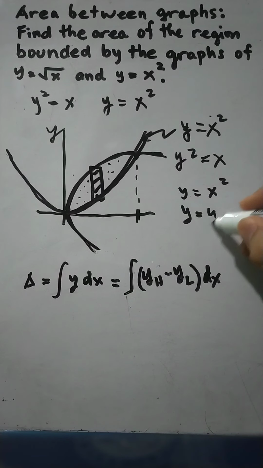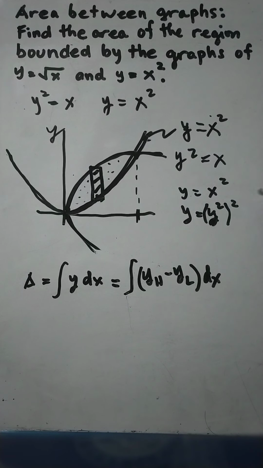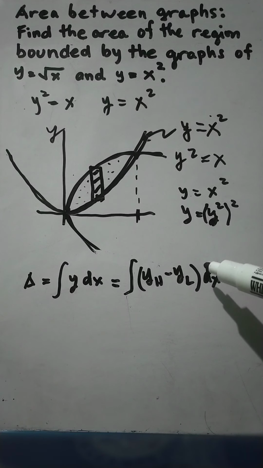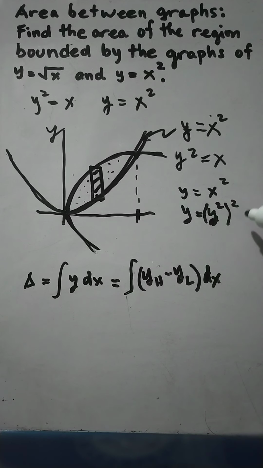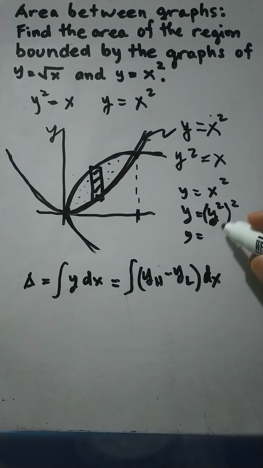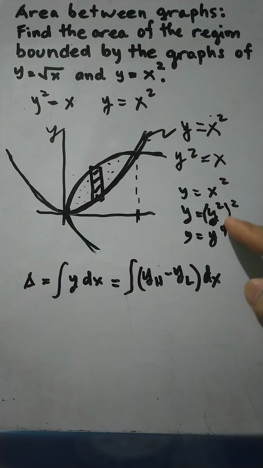So we have y equals y squared, all squared. This is now equivalent to y to the fourth. So y equals y to the fourth.